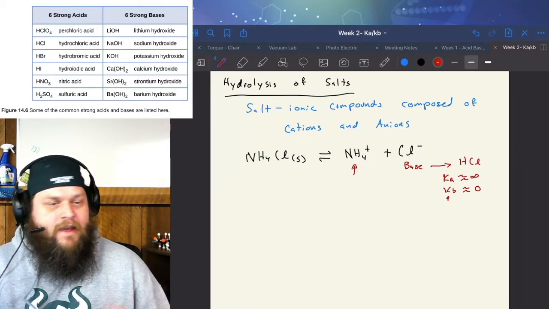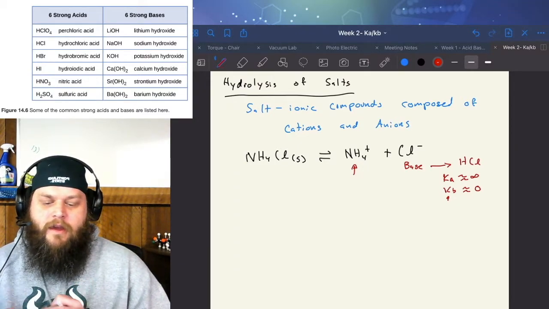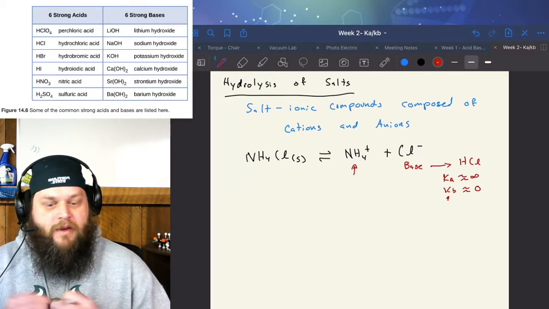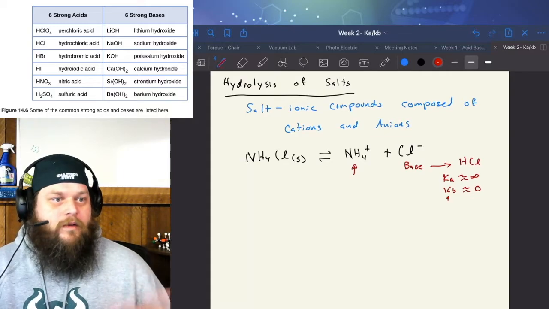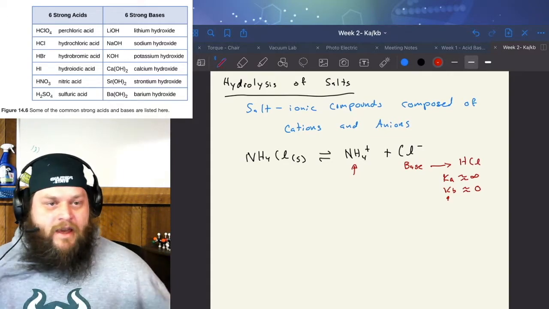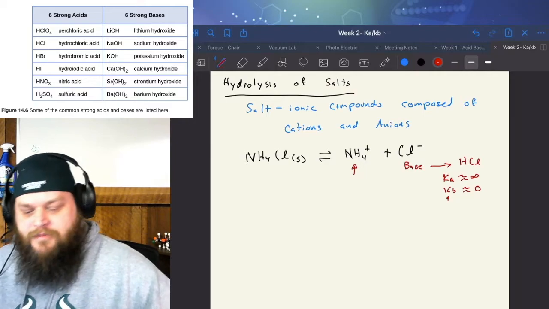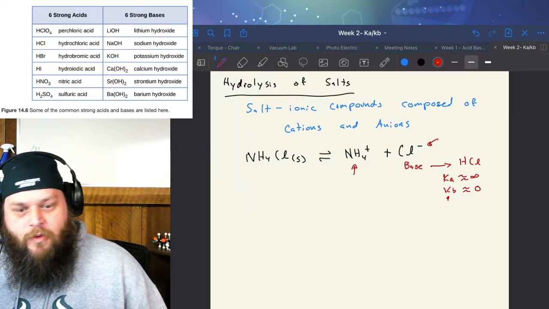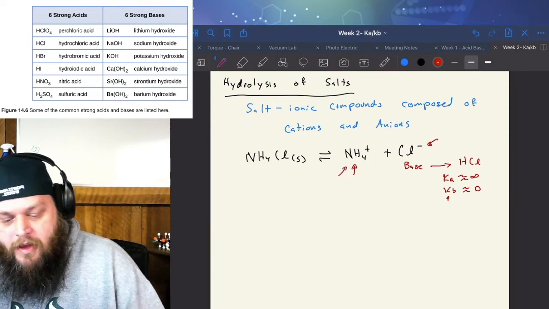In the Ka example, the reactant HCl is going to be almost completely gone, so almost 0. So we end up with this Ka value of near infinity. In this case, chloride doesn't really act as an acid or a base, but ammonium does.